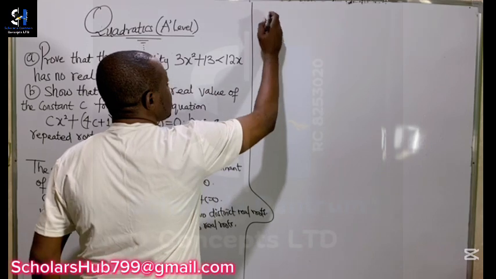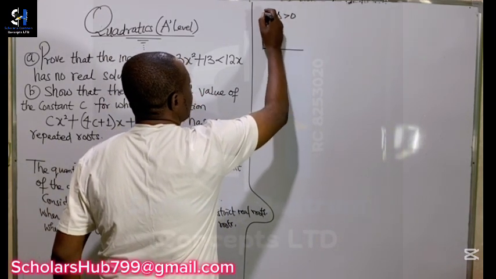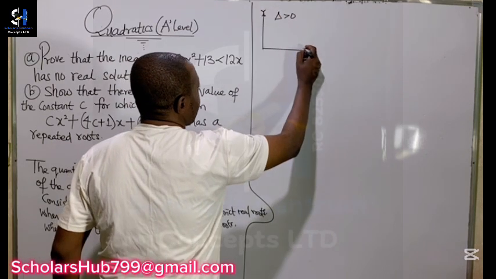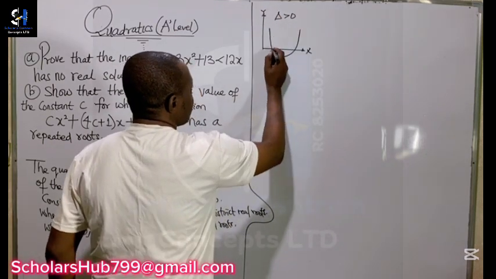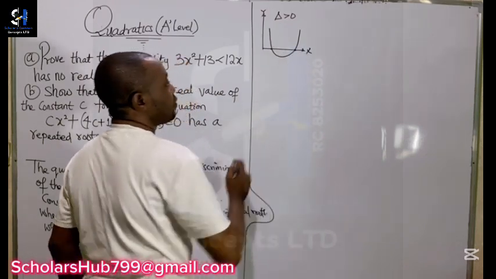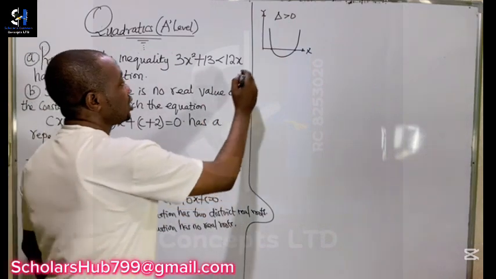So we can analyze each case. When the discriminant is greater than 0, this is the y-axis and this is the x-axis, and the parabola will cross the x-axis at two different points.